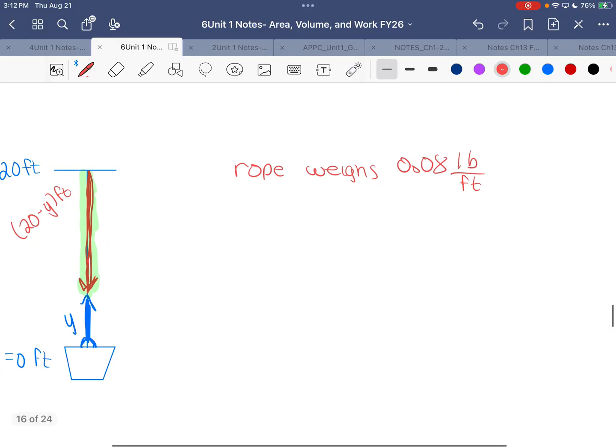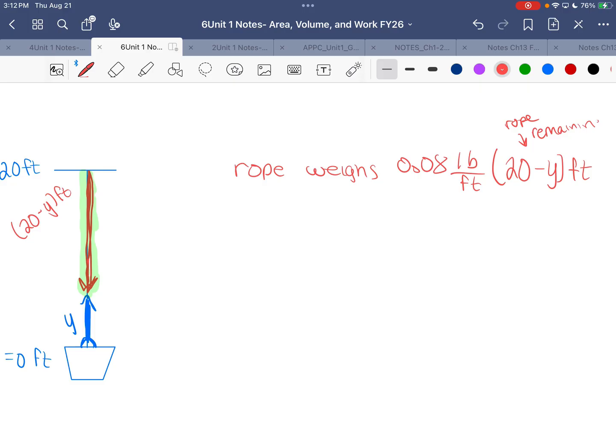And we have dangling off at any moment of time 20 minus Y feet. Feet cancel. That is the force at any Y height of the rope.